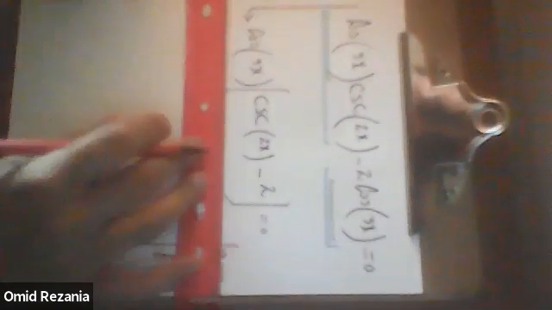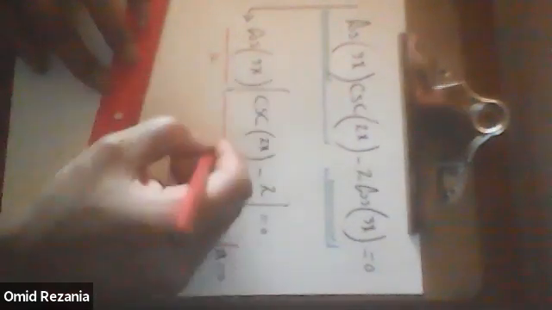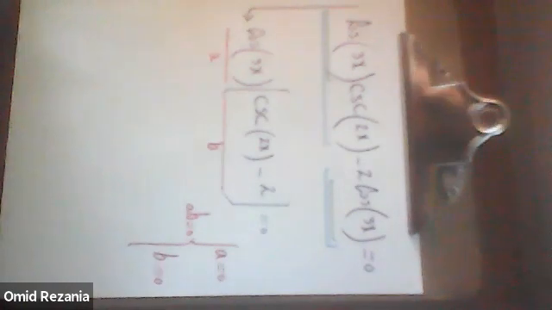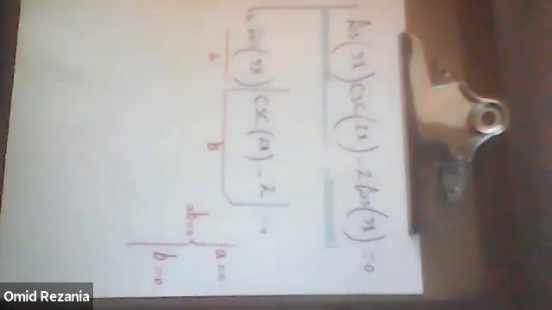As a result, as we did before, we call the first term a and the second term b, and we alternately set one of them equal to 0 and solve the equation based on it.